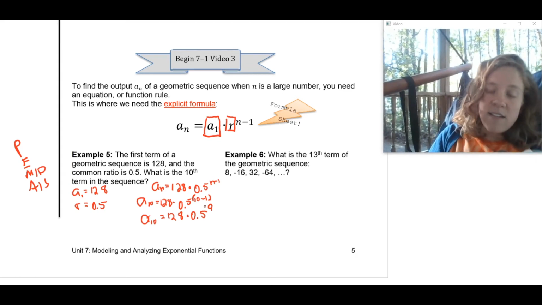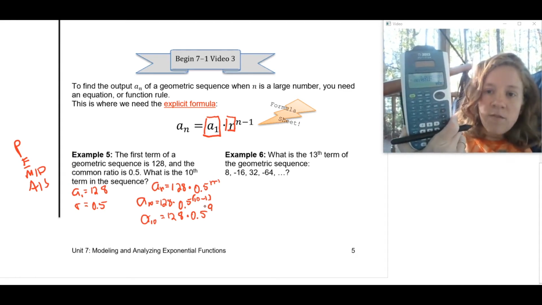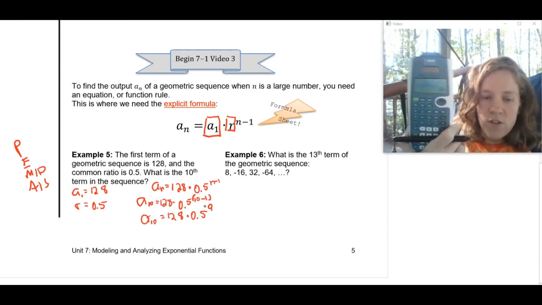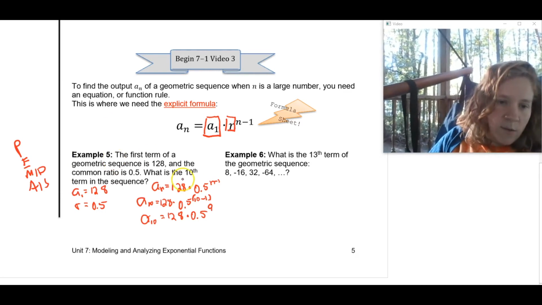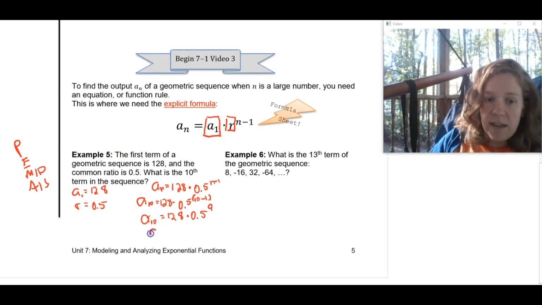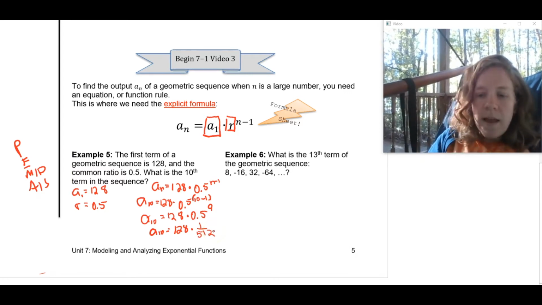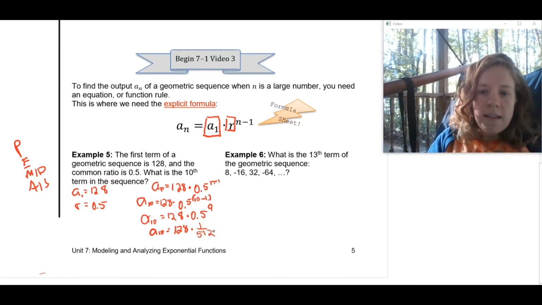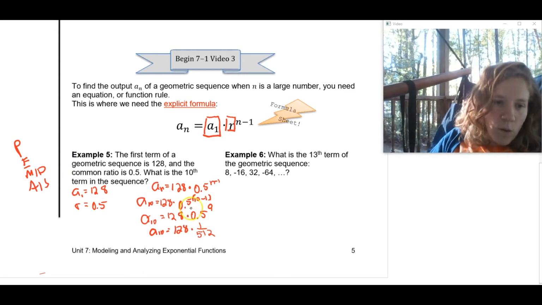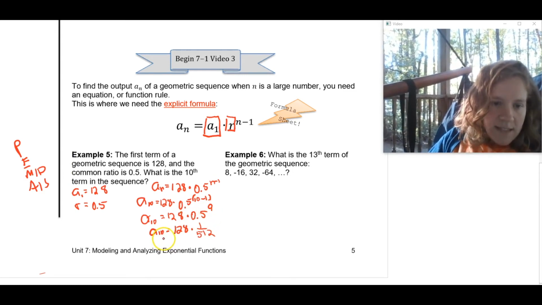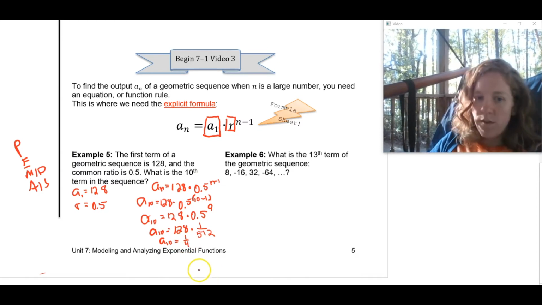I would like to have that as a fraction, so I'm going to convert it and put 1 over 512. Most of the time you're going to want to stick with fractions, otherwise you're going to have to estimate, and that's never fun. So I have 128 times 1 over 512, and when I multiply that, I get a nice, pretty 1/4. So a sub 10, the 10th term in this sequence, would be 1/4.